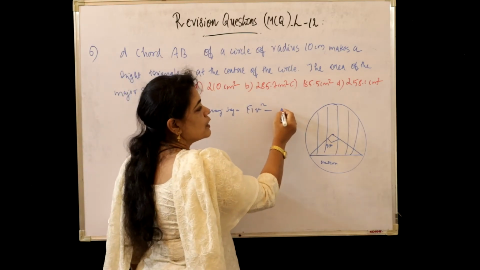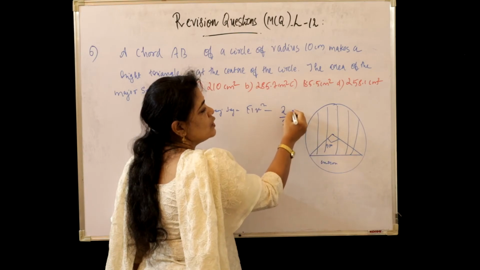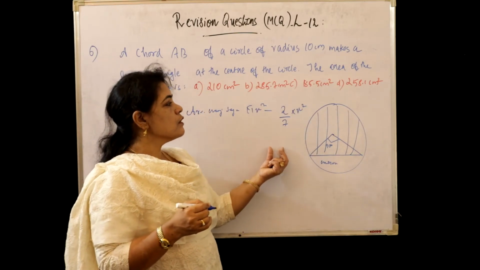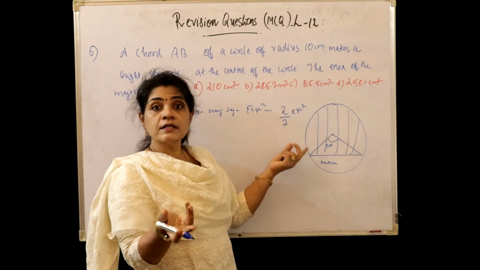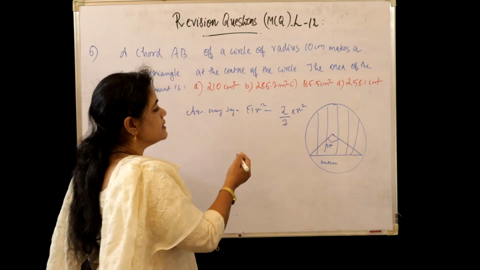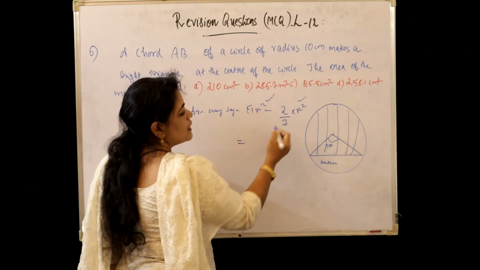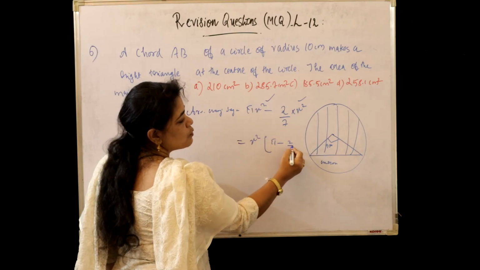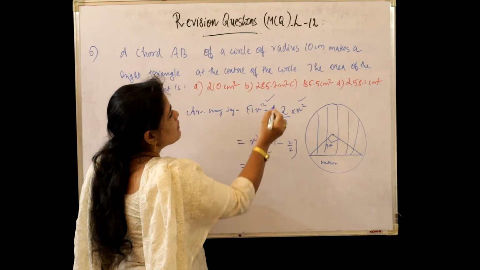That is very important: 2 by 7 into r square. This is the formula. The only variable is r, the radius of the circle, which is given. You can take r square outside from these two terms. So pi minus 2 by 7, being r is given as 10.